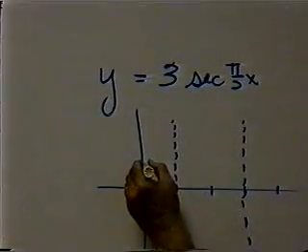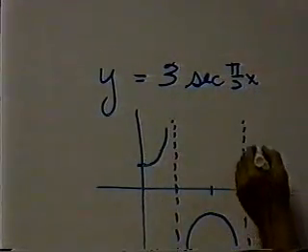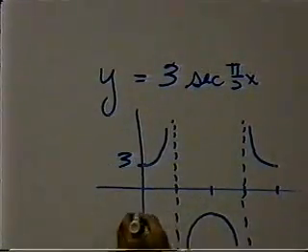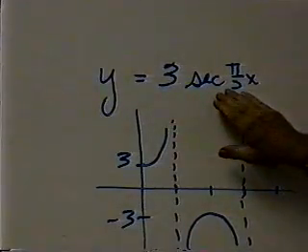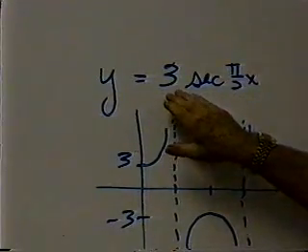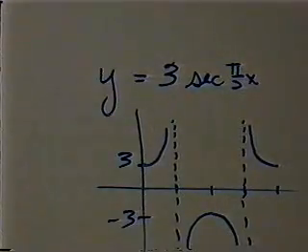Secant curve starts here, comes up, comes here, comes down. Then this is 3 and -3. Now remember, the secant curve never is less than 1, so it's never less than 1 times 3, so it's not going to be less than 3. So the secant curve is above 3, below -3.